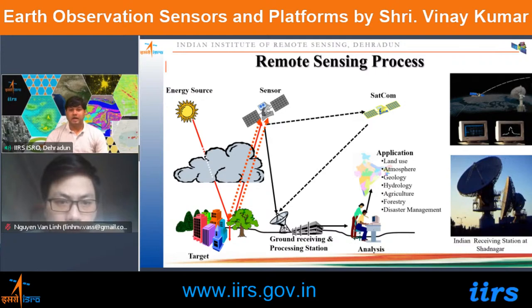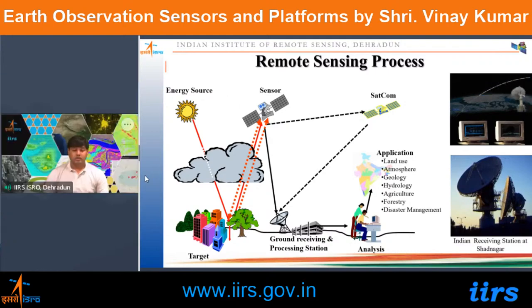So this is the entire remote sensing process. You know that the energy source, sensor, satellite, communication satellite, Earth's surface, and ground receiving and processing station are the things required.